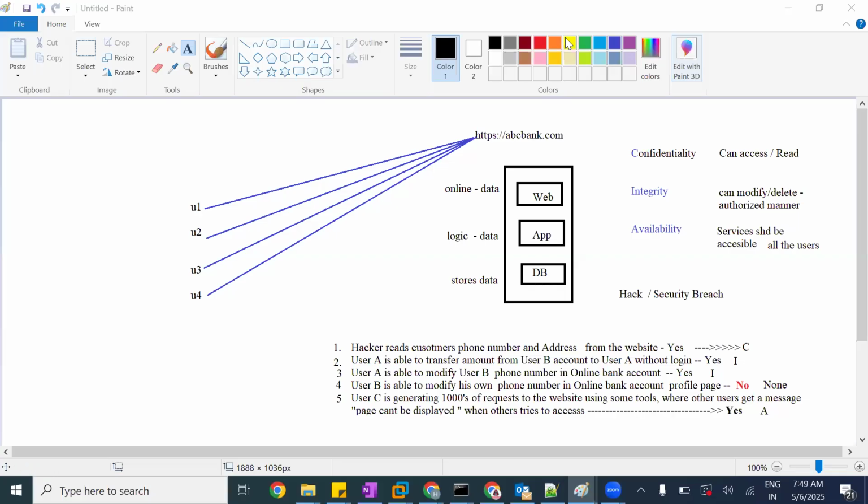Okay, next question. What are the three principles of information security?